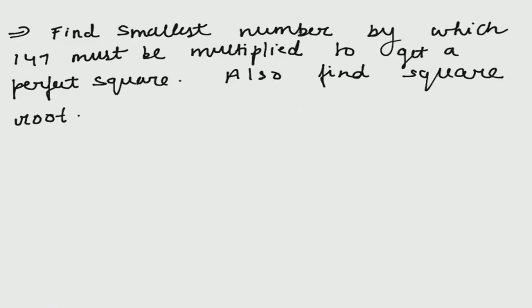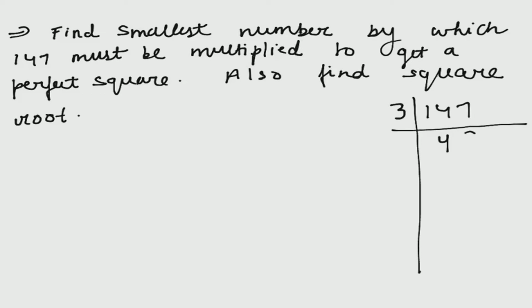In the next question we have the same thing. We have to find the smallest number by which we can multiply 147 to make it a perfect square. So let's start finding the prime factors of 147. This number is divisible by 3, it will give us 49, then 7 and then 1. If we write down the factors, it will come as this.